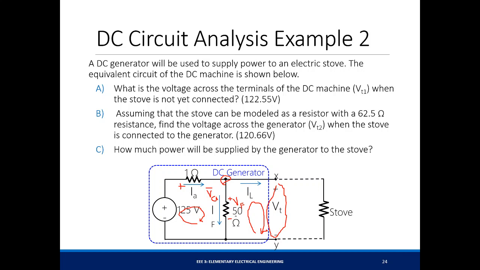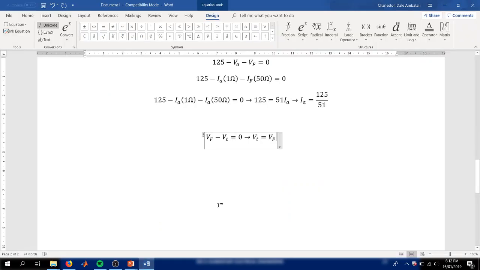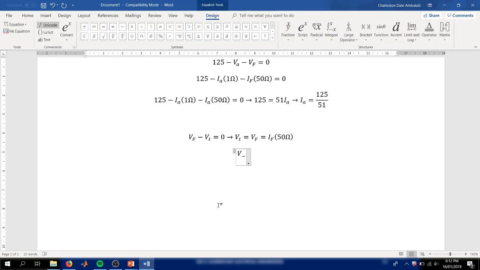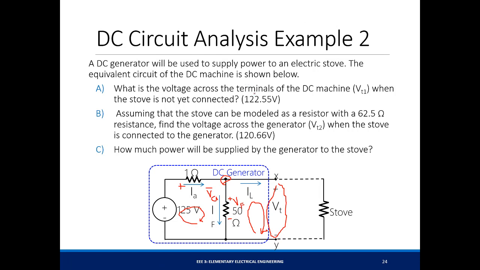What is the value of VF? Well, we can use Ohm's law for that. That's equal to IF times RF, which is 50 ohms. Oops, there you go. So that's IF times 50 ohms. We get VF, or VT, is equal to IF is equal to IA, and IA is this value right here times 50, and you'll get, well, the answer is already there, 122.55 volts.